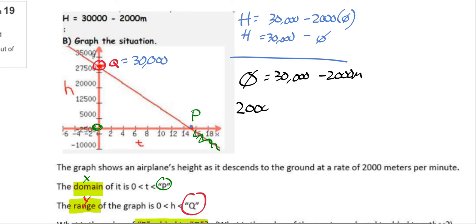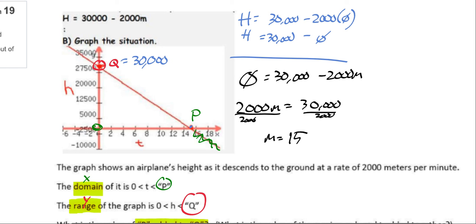So 2,000 m is equal to 30,000. M would be equal to, if I divide both of these by 2,000, 30,000 over 2,000, which is 30 over 2, is 15. 1,000 over 1,000 cancels out.